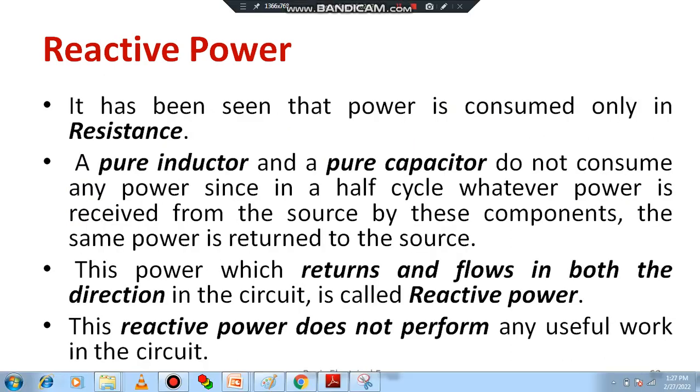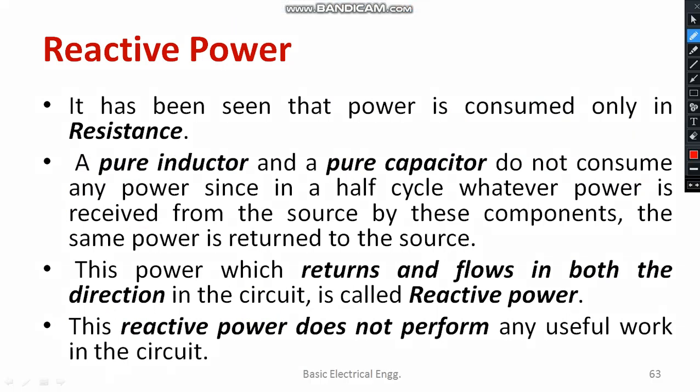How does reactive power come about? We already studied the analysis of R circuit, L circuit and C circuit. We found that power is consumed only in resistance, and it is dissipated in the form of heat. But how about the inductor and capacitor?